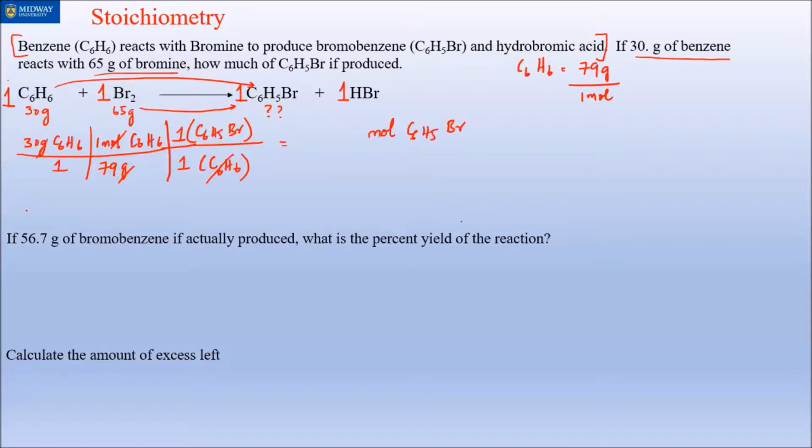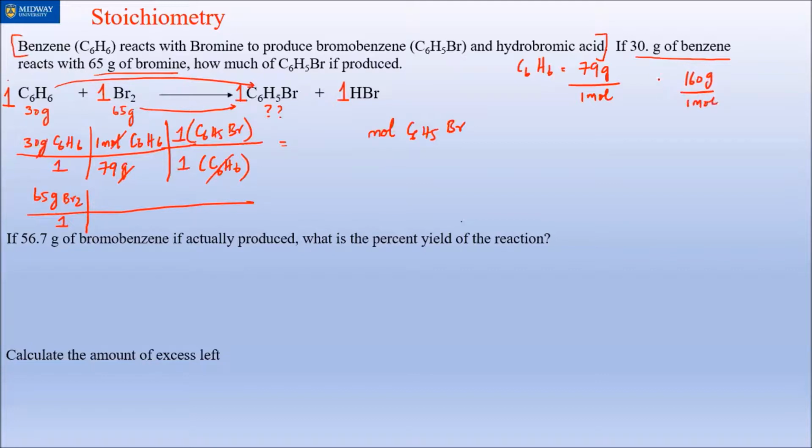We're going to do the same, except what information changes is we're going to start with 65 grams of bromine, Br2, and as always you put a 1, okay? Then again we convert the grams to moles, and Br2 I believe is 79 times 2, about 80 times 2 is 160, so you can also treat it as 80, so 160 grams over 1 mole.